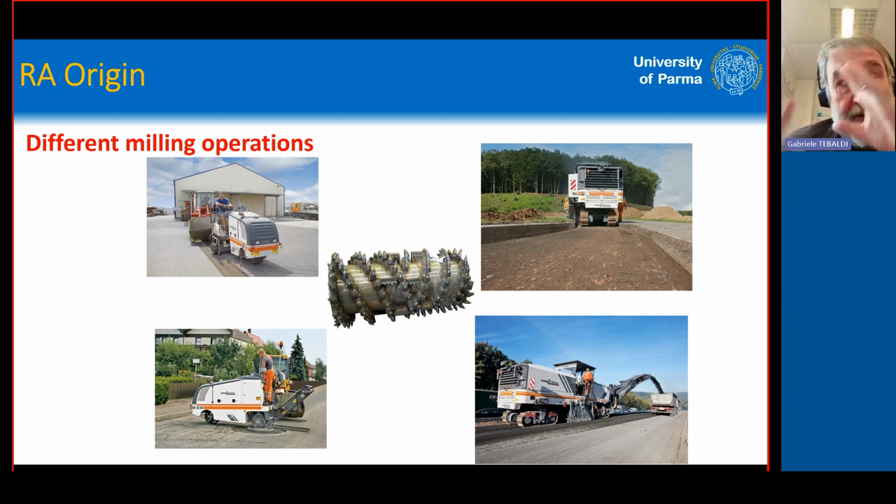For example, at the two extremes, we can have, like in this case, a full depth reclamation with everything inside, or we may have a fractionated milling operation, or whatever you call organized milling operation, when the pavement is milled layer by layer, and the material is stored in different stockpiles.